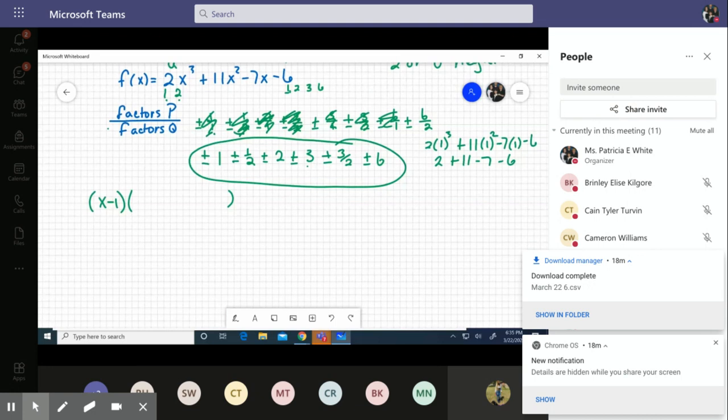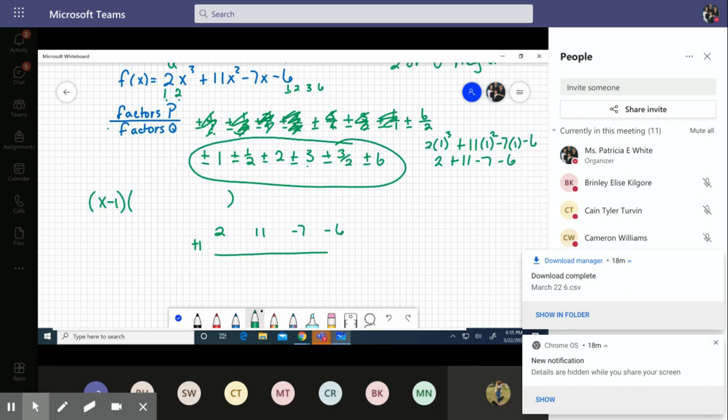I'm going to divide 2, 3, 2, 1, 0. So 11, negative 7, negative 6, and I'm going to divide by 1. How do I do synthetic division? Remember that from last week?